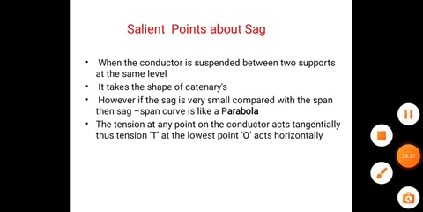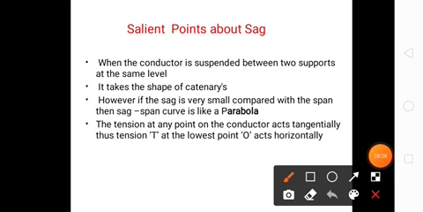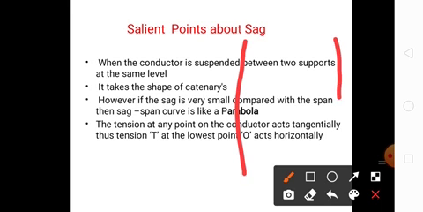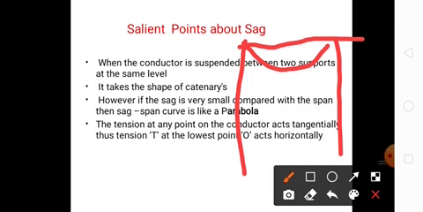See here. The first point is, when the conductor is suspended between two supports at the same level, it takes the shape of a catenary. Catenary means, here are the two poles, and here is the sag. When the conductor is suspended between two supports at the same level, it takes the shape of a catenary, like this.